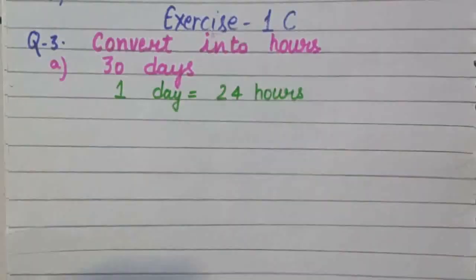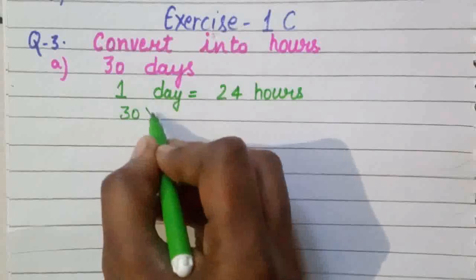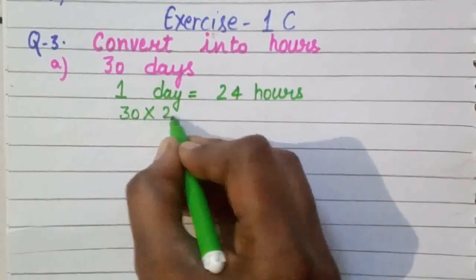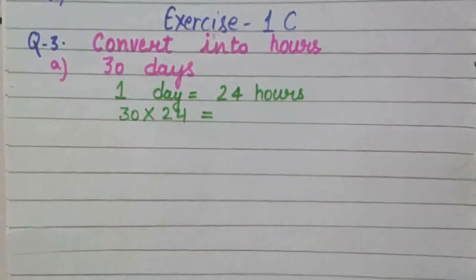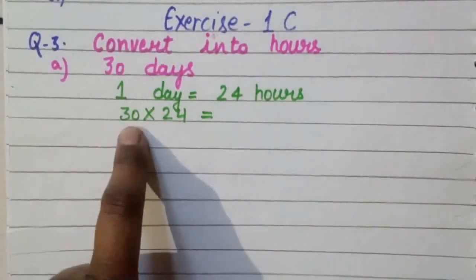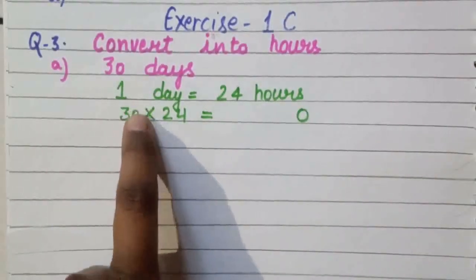That's why 30 days is equal to 30 multiplied by 24. Here you have to write the answer. In the multiplicand and multiplier, look at the total zeros. In multiplicand and multiplier, total only 1 zero. In the product, write 1 zero. The zero is finished now.